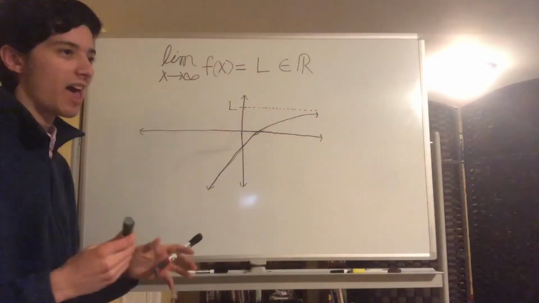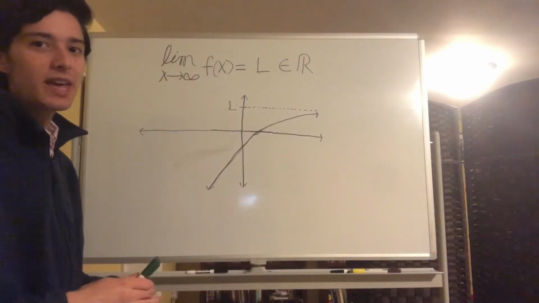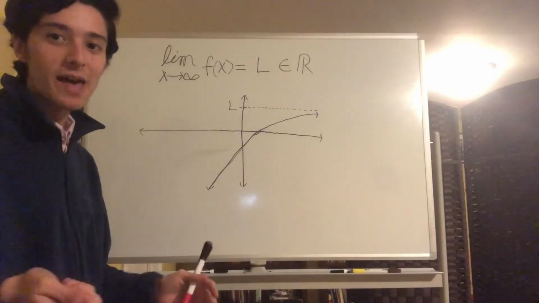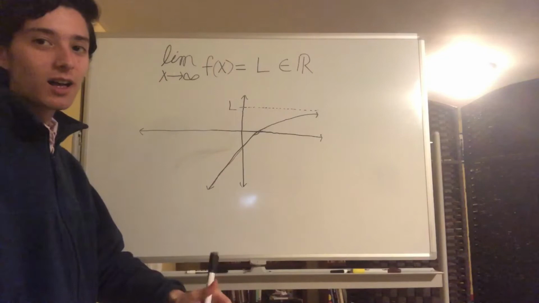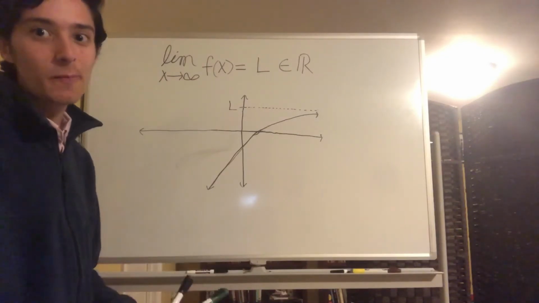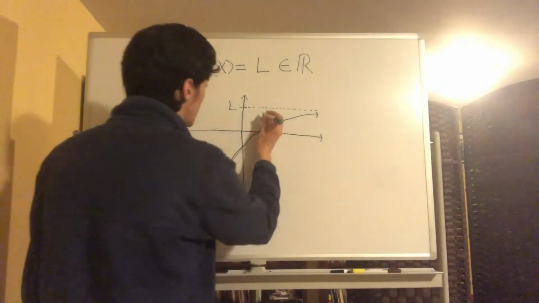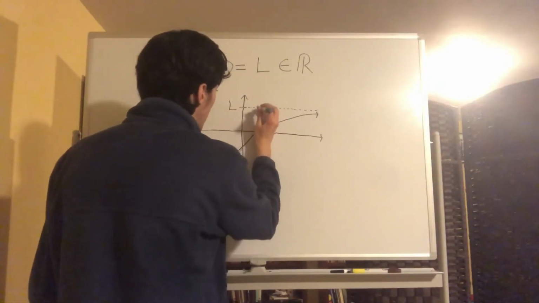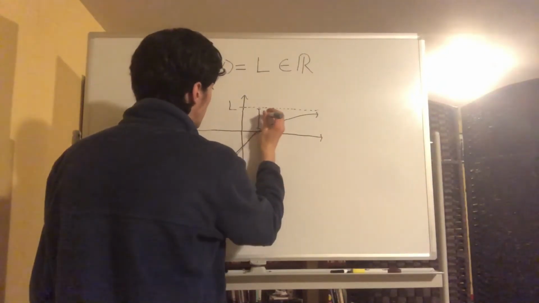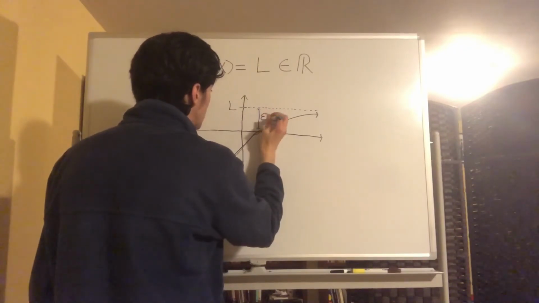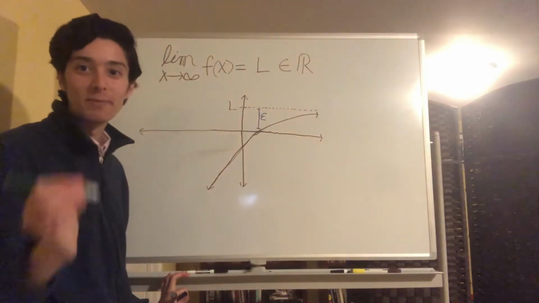I don't want to keep using f of A minus L because we're trying to find an A, but also that might take a long time to write. So let's say we have some distance, and let's call that distance the Greek letter epsilon.